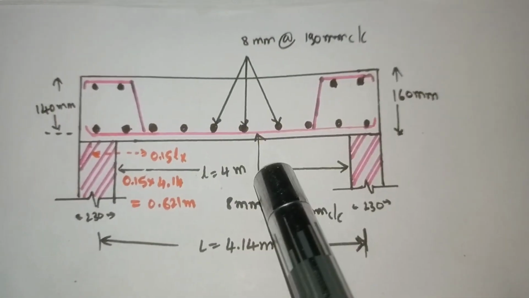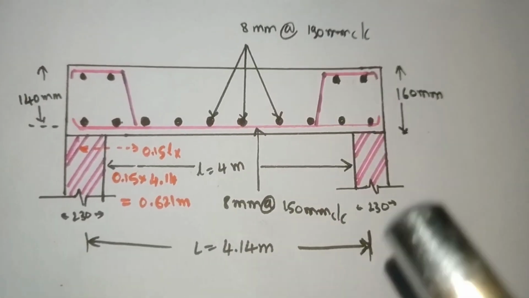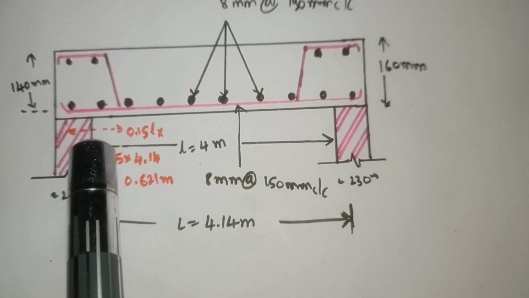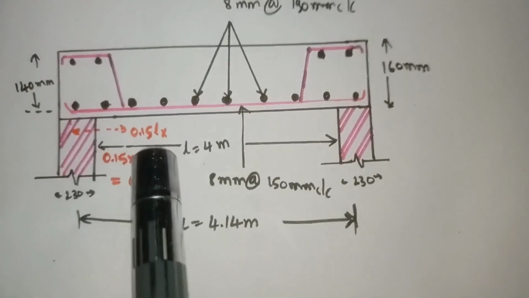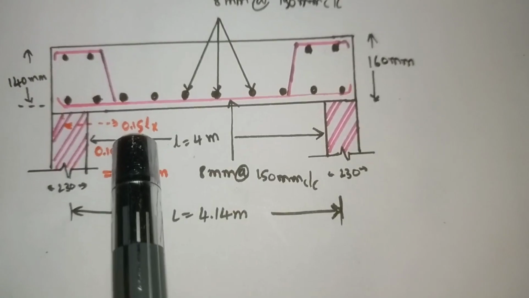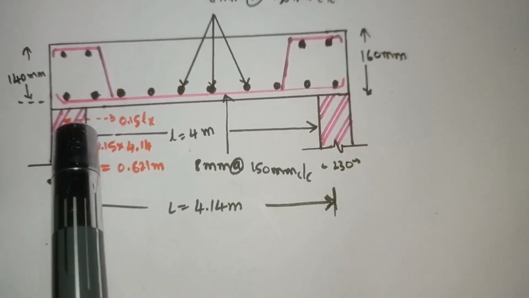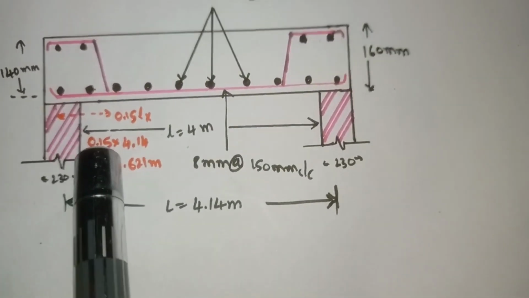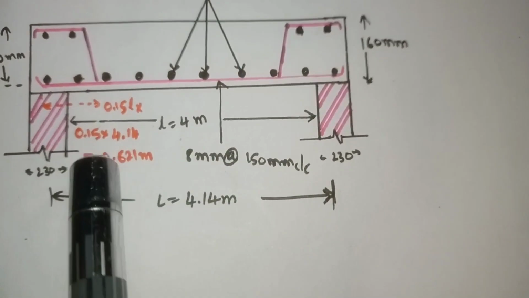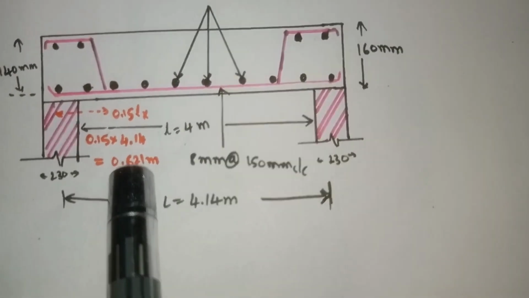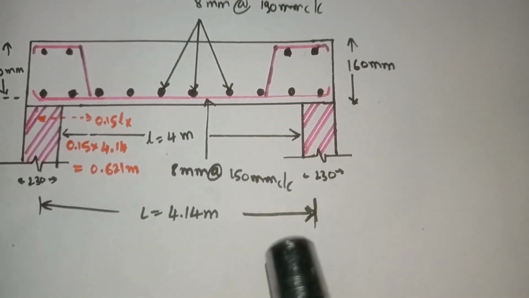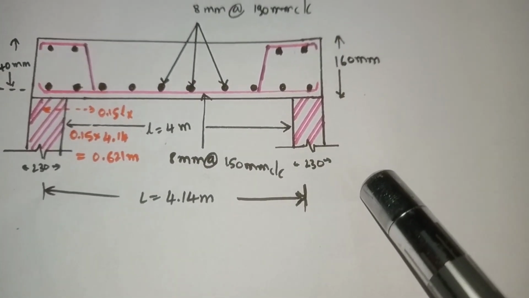This is the short span and these are the long span bars, and the alternate bars of the short span can be bent off at 0.15 times Lx from the center of the support, which is 0.15 into Lx, we got 4.14. By simplifying it will come out as 0.621 meter. So this is the short span diagram of the two-way slab.